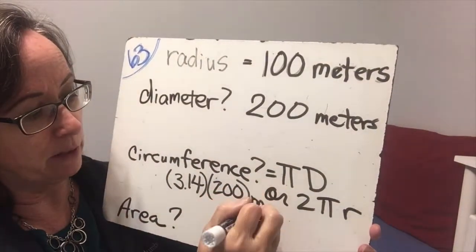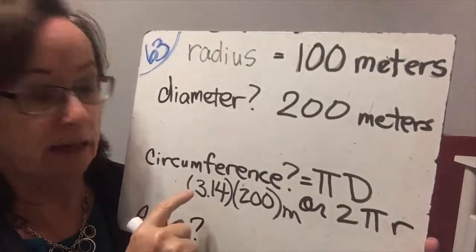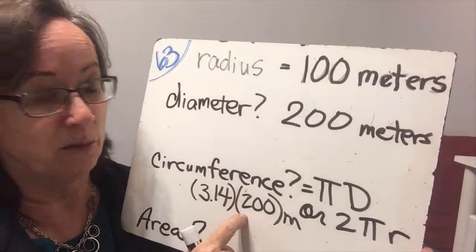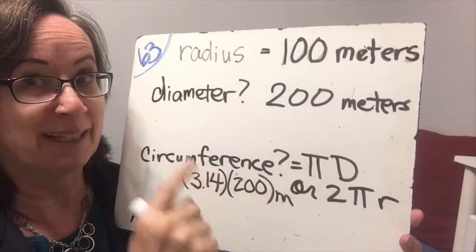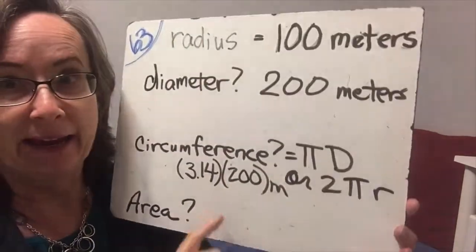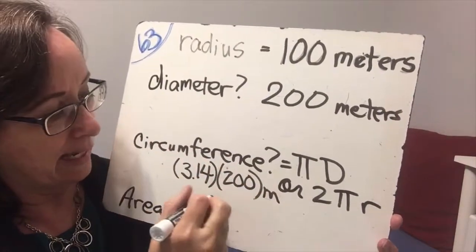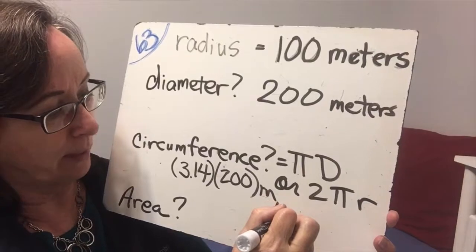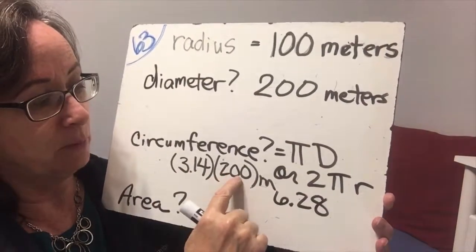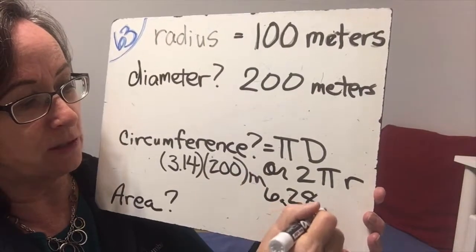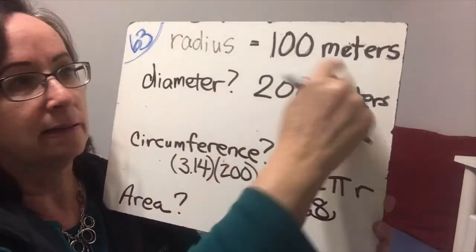So this is going to be in meters. So now this is pretty easy because I already know that 3.14 times 2 is 6.28. And then the 0, 0 is just going to move my decimal place 2 places to the right. And I have to do no math. So my answer for my circumference is going to be 6.28 when I double that, and then move the decimal place 2 places to the right, or 628 meters.